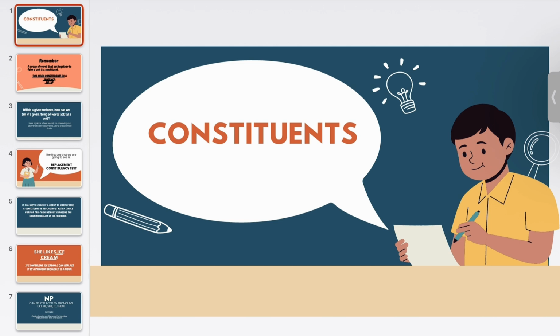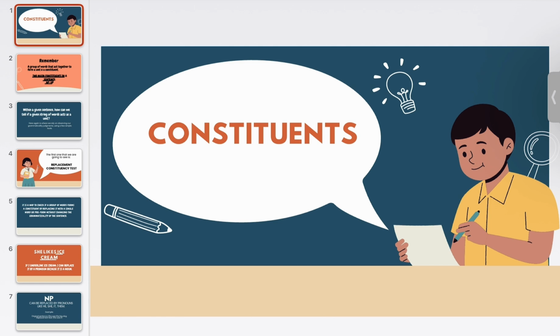Remember, if I have a subject, a verb, and an object, all of those words are essential to have a sentence, and each of them is a constituent itself. But of course, we are now studying a little bit more.